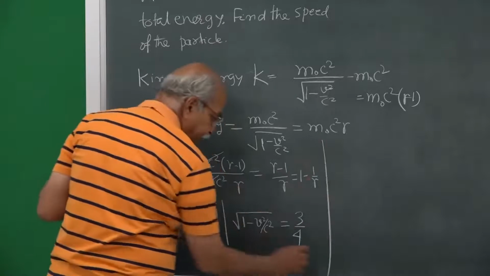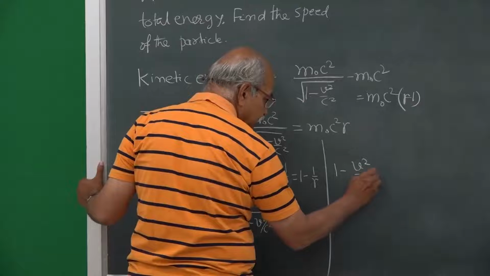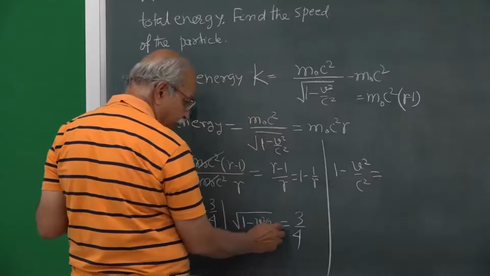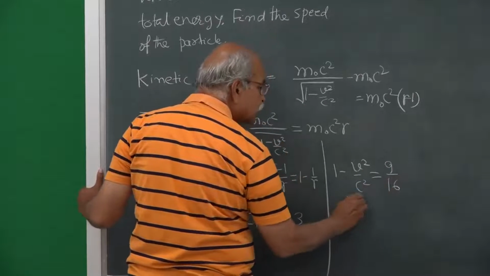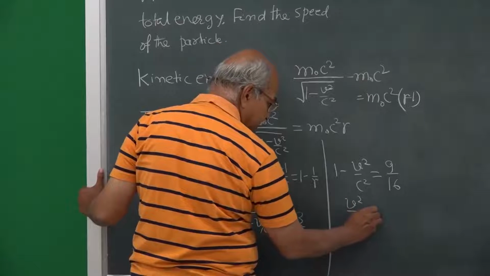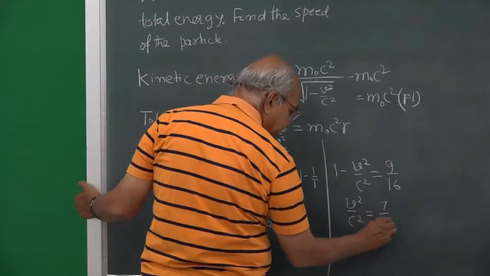So, squaring, 1 minus v square by c square is equal to 9/16. So, v square by c square is 1 minus 9/16, that is 7/16.